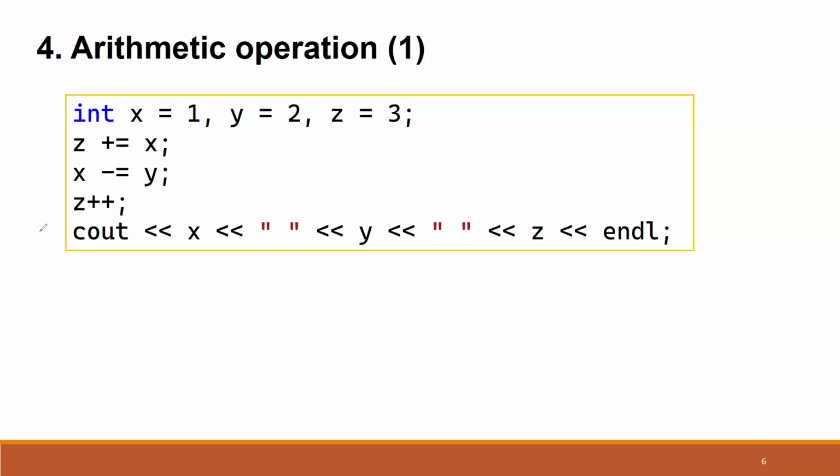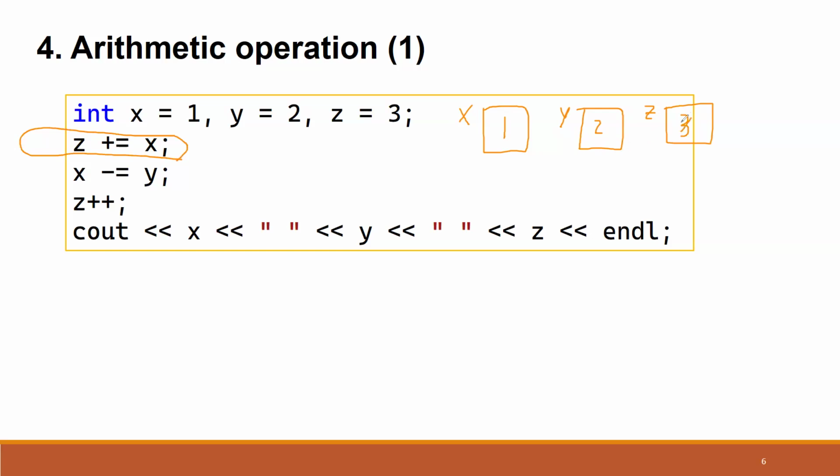X is 1. Y is 2. Z is 3. At first, Z is incremented by X, so this will become 4, right?